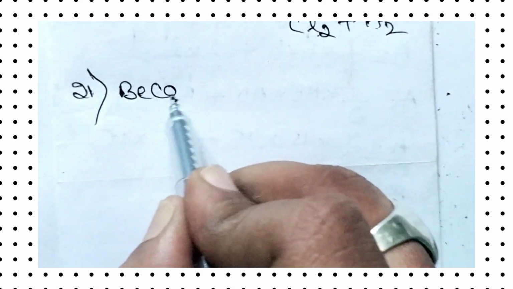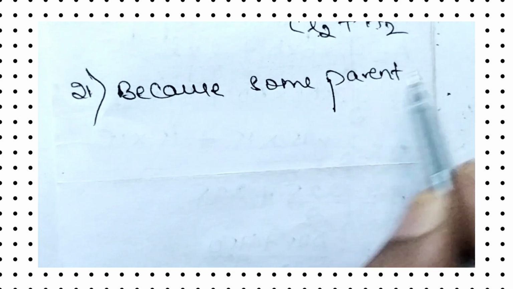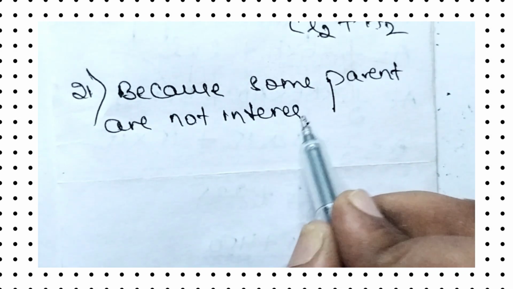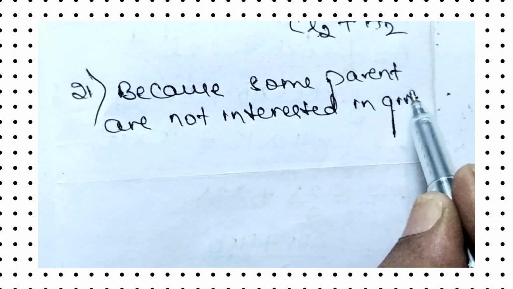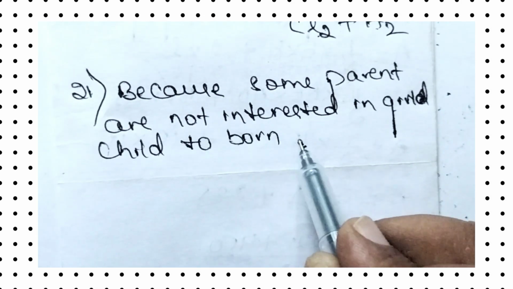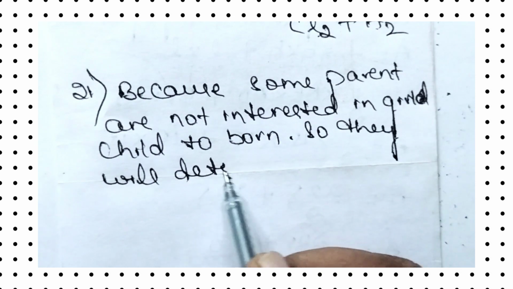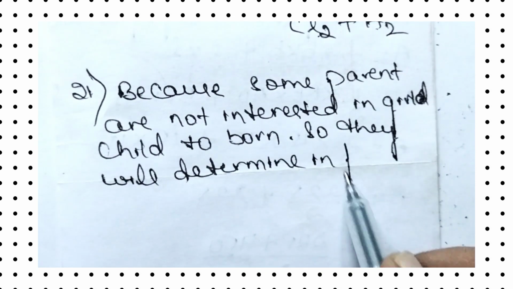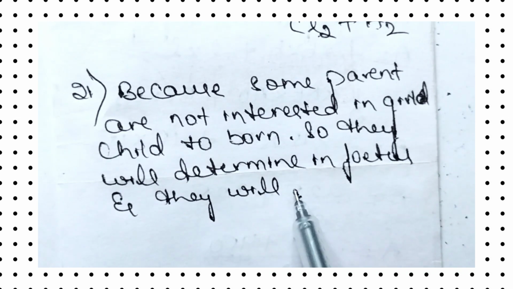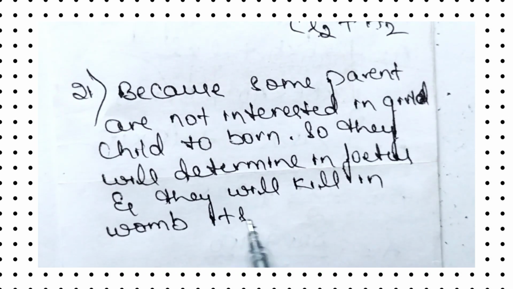Because it is punishable and it is an offense also, because some parents are not interested in a girl child being born, so they will determine the sex in the fetus and they will kill it in the womb itself.